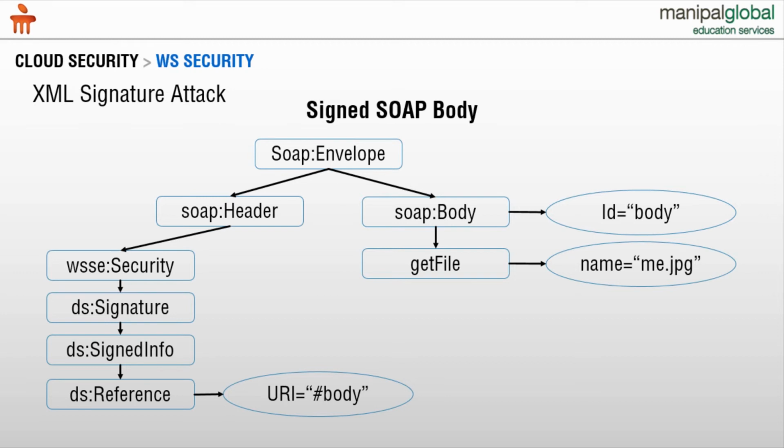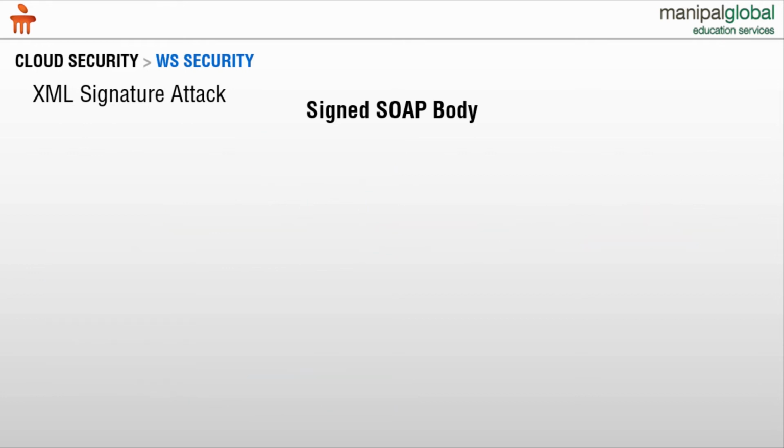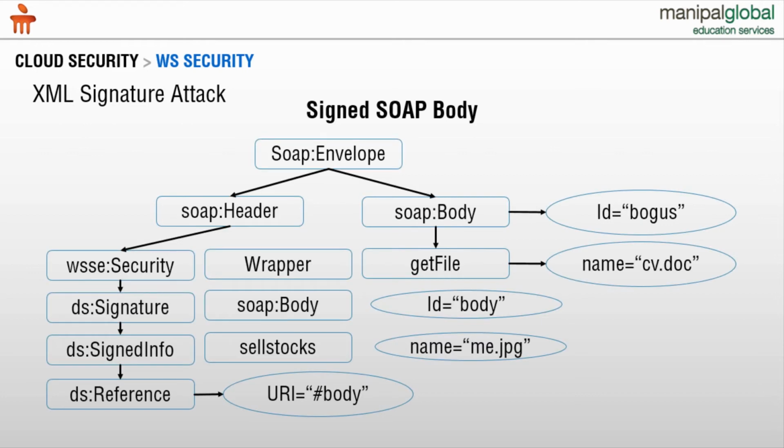Now, how can this particular SOAP body be compromised and what exactly can a hacker or malicious code do to it? In this one, we have the same infrastructure. However, there is an additional wrapper added along with the SOAP body. In the SOAP body, there is still body and me.jpg existing.